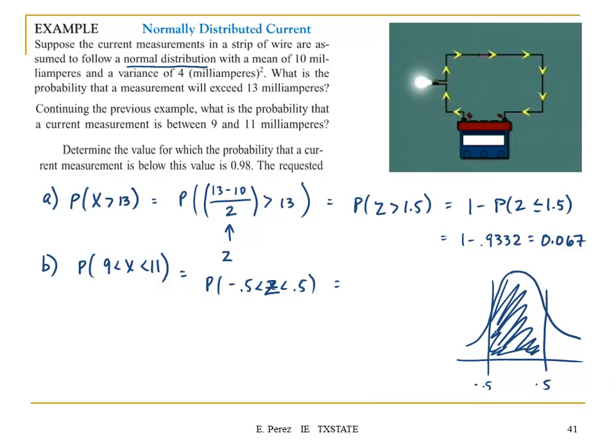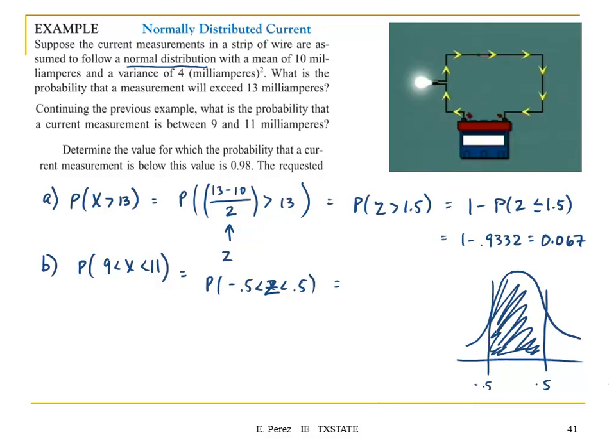If you get the probability for 0.5, that probability is going to take all this area. So in order to find only this area, you need to take this probability and subtract this one. Is that clear?